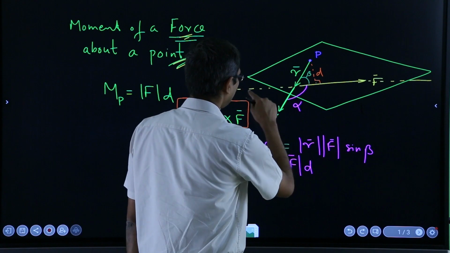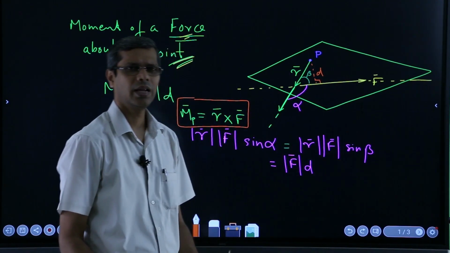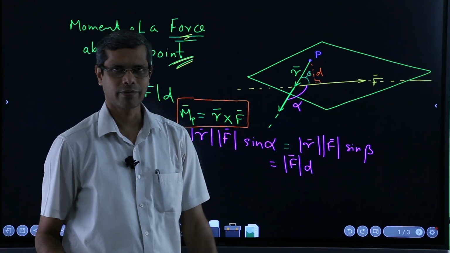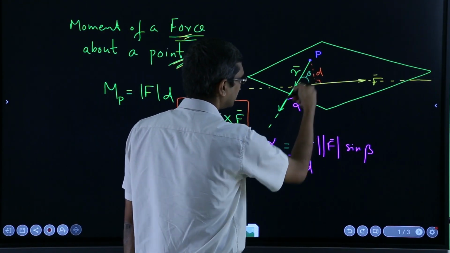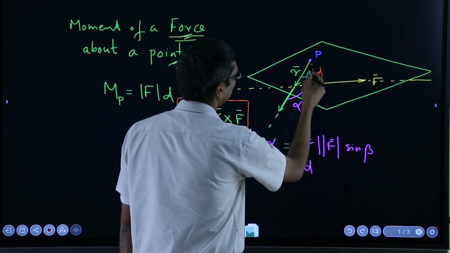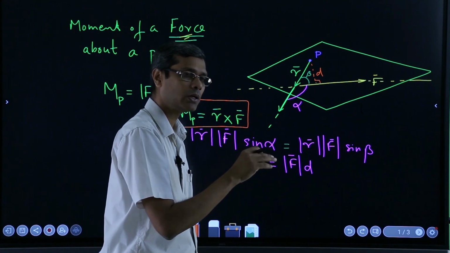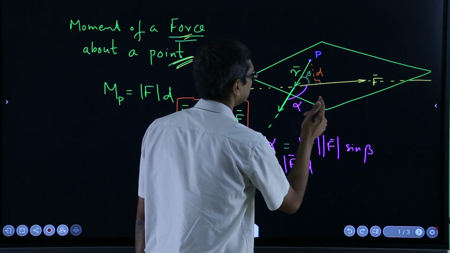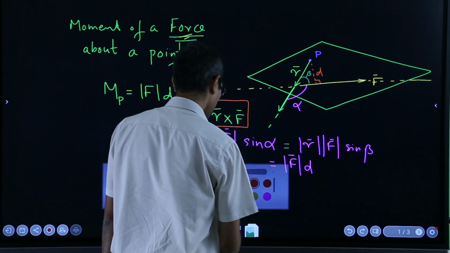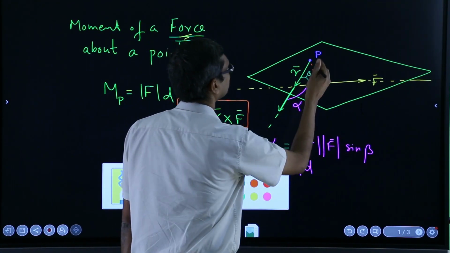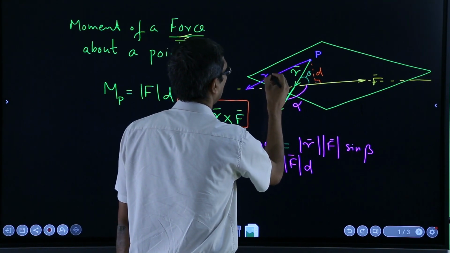First, this force is transmissible, it can be anywhere on that line of action, and then the vector r you can draw from P, that is fixed, but to anywhere on the line of action of F. That means I could have drawn like this, R2.